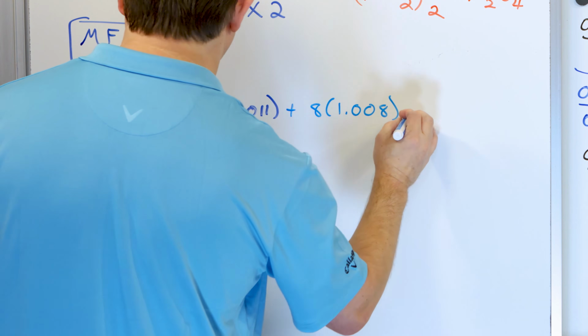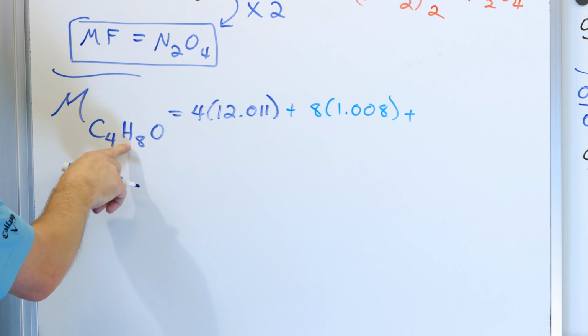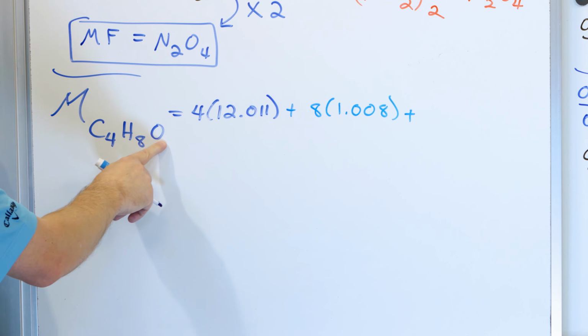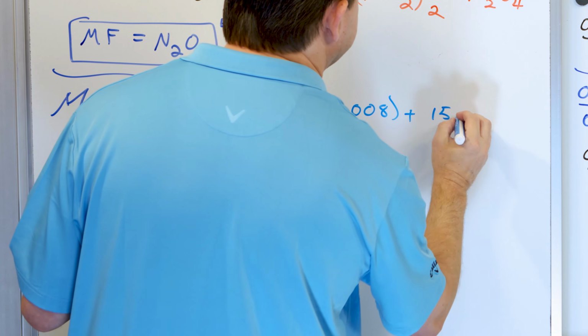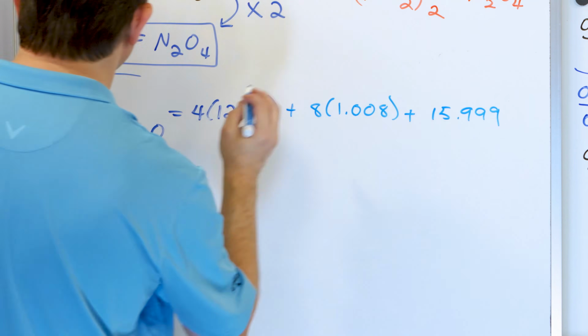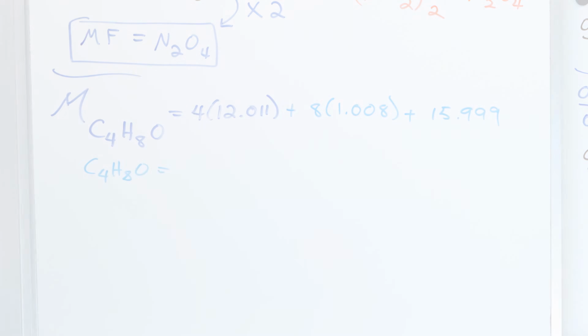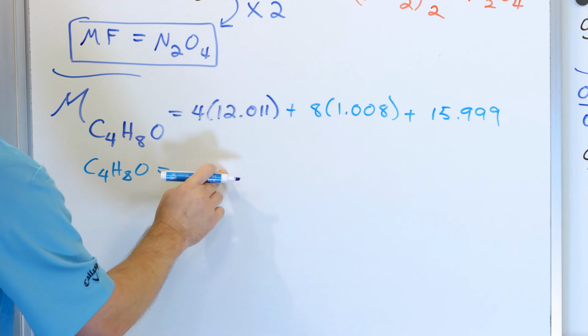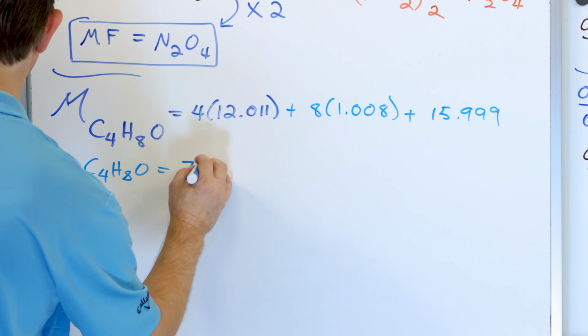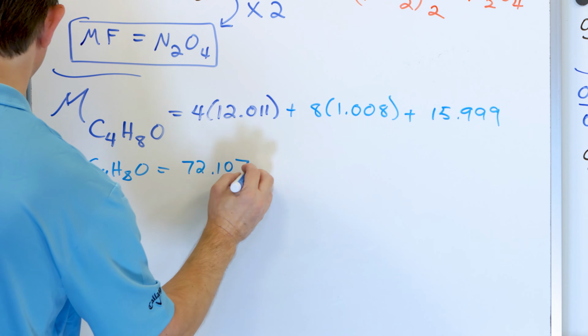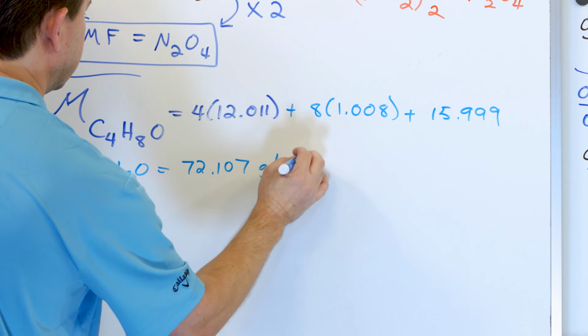We have 8 hydrogens, 1.008. And then 1 oxygen, 15.999. So when you multiply and add all these together, you get a molar mass of 72.107 grams per mole.